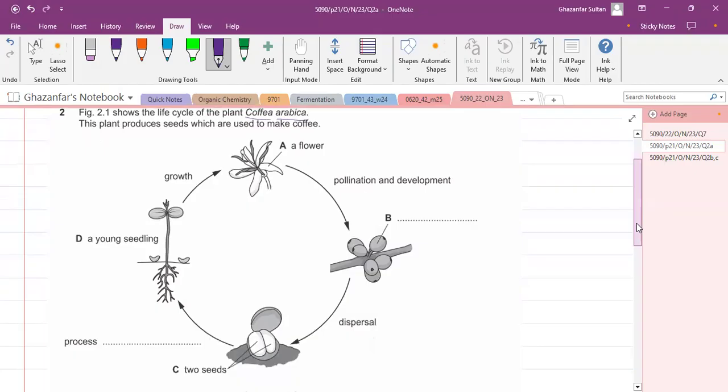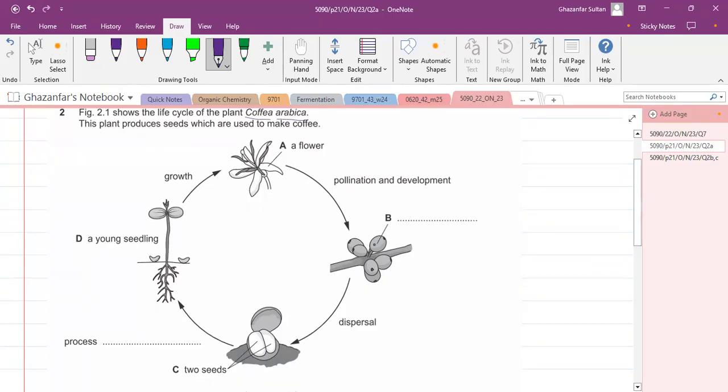And here, this is the life cycle as they have told. So from seed to the seedling, and then it grows to the adult plant or the mature plant that can produce fertile pollen grain and the ova.